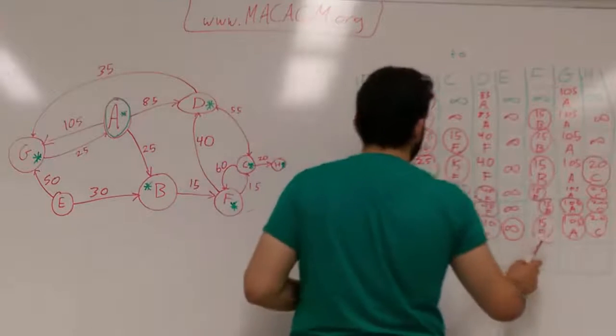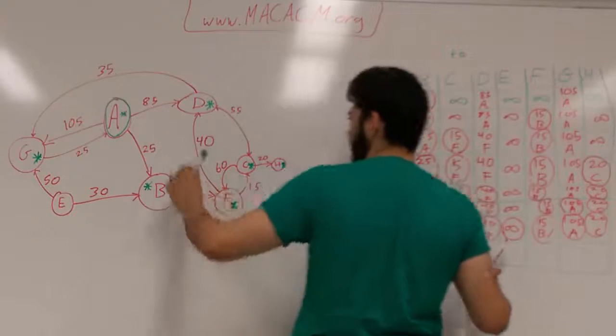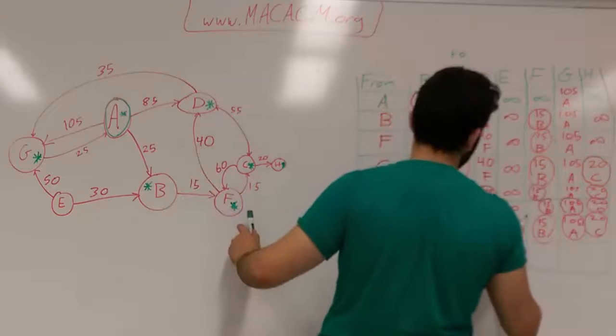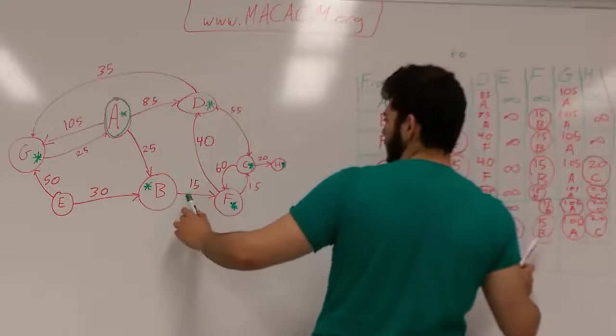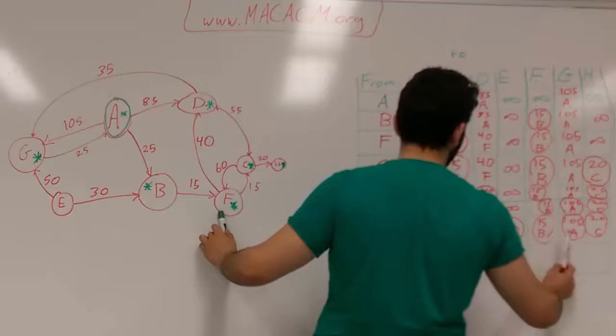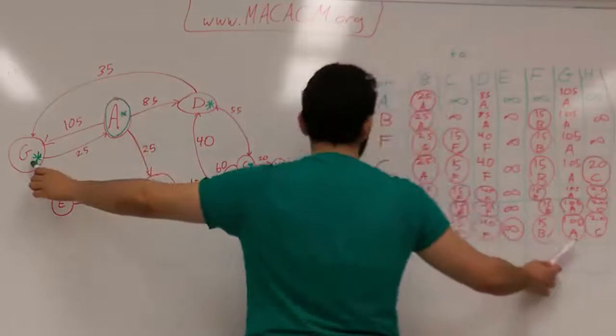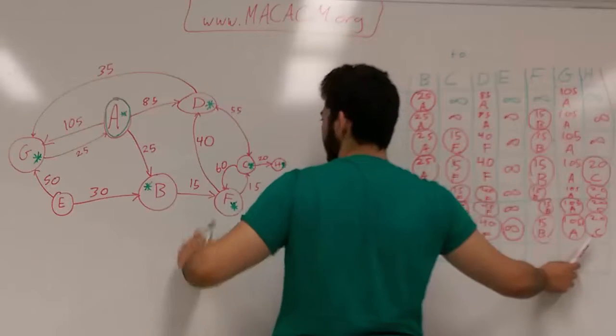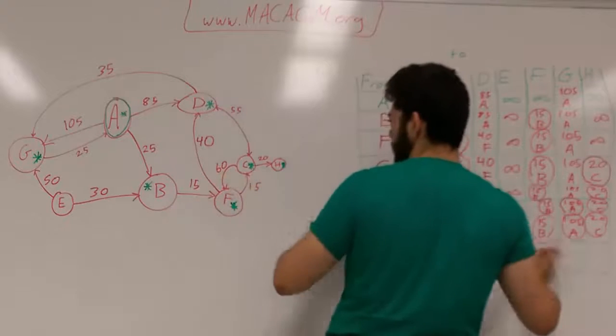And 15 from B would take me to F, 105 from A would take me to G, and 20 from C would take me to H.